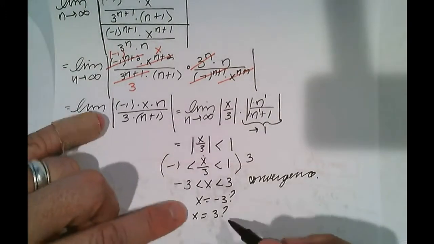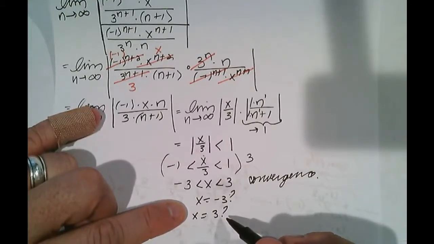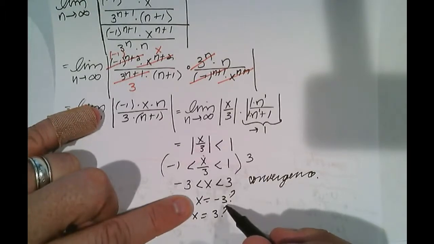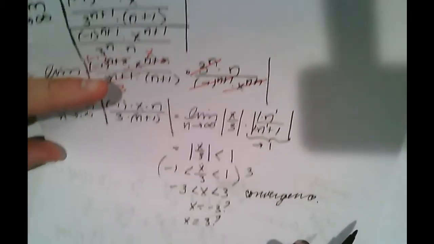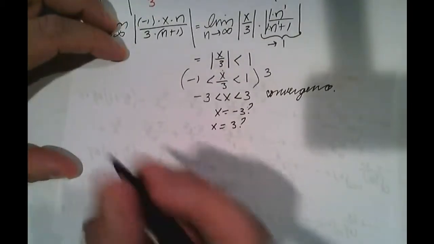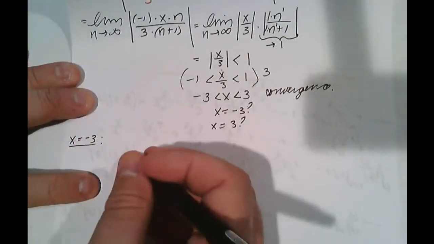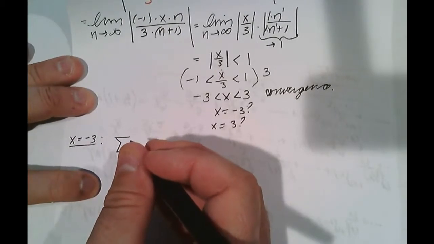To test the endpoints of the interval, you're going to have to go back to your original series expression, and evaluate that series when x equals -3 and x equals +3. So let's do that. If x equals -3, then my series, I'm going to write this in series notation.